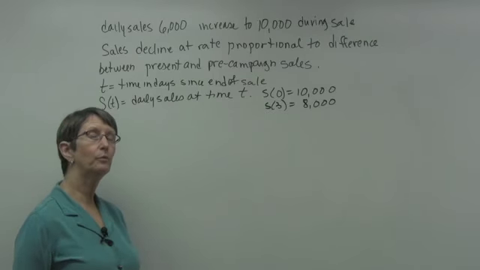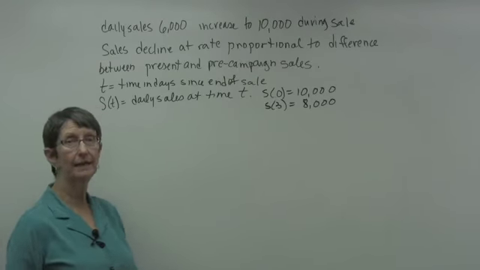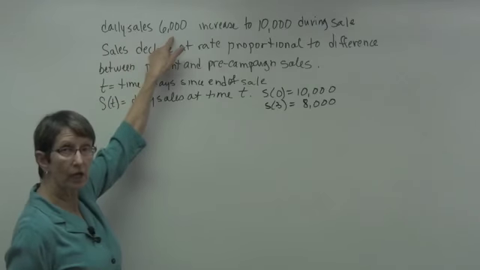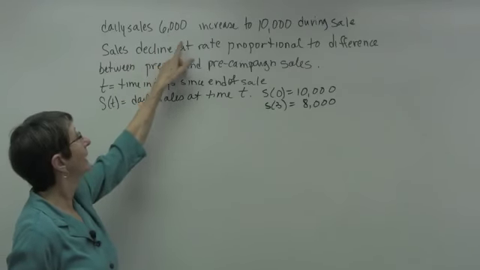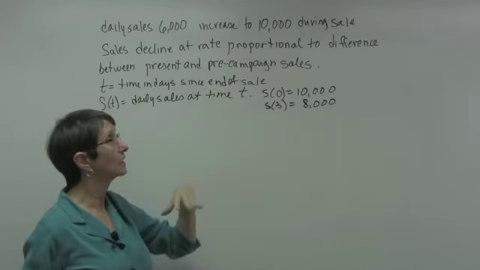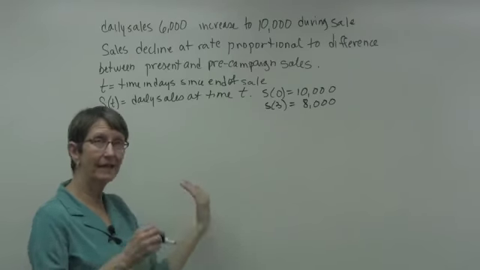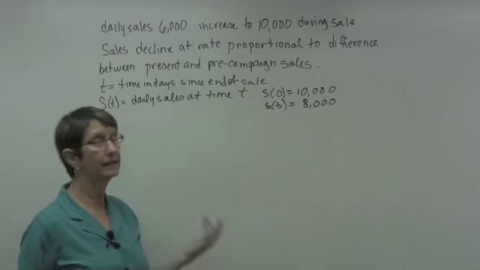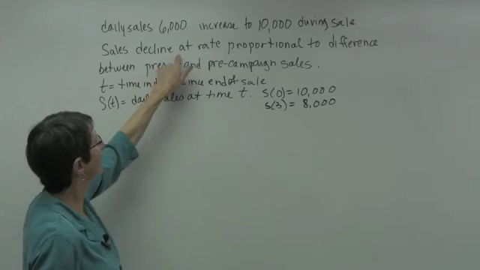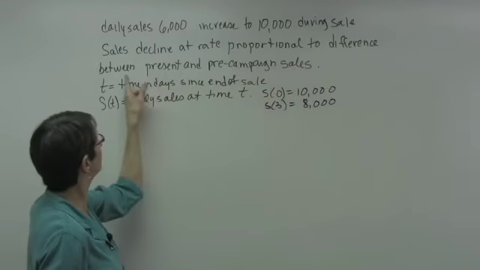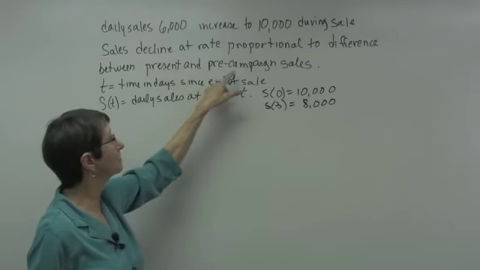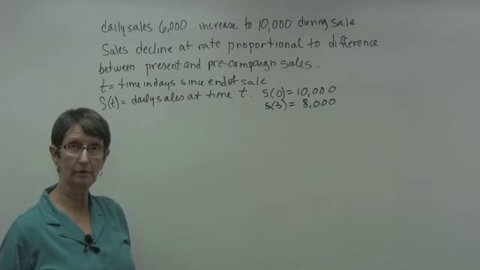In this problem, we're looking at an advertising campaign where daily sales for a company were at 6,000 and increased to 10,000 during the sale. At the end of the sale, sales began to decline. Sales declined at a rate proportional to the difference between the present and pre-campaign sales.